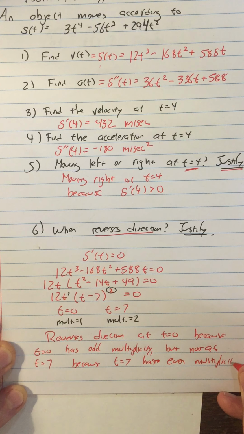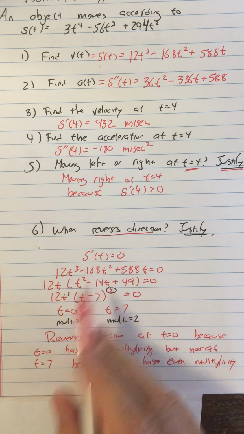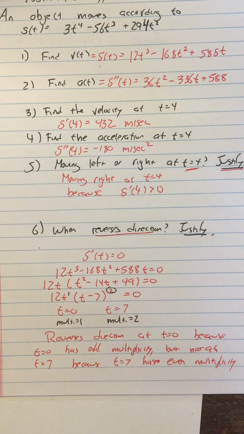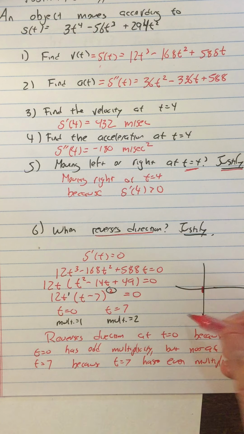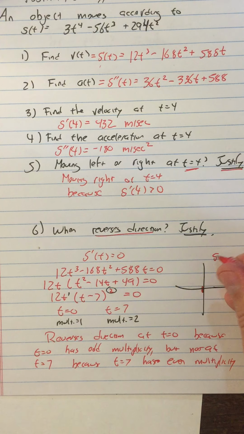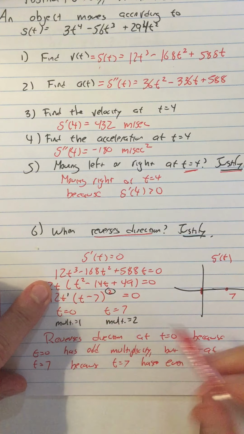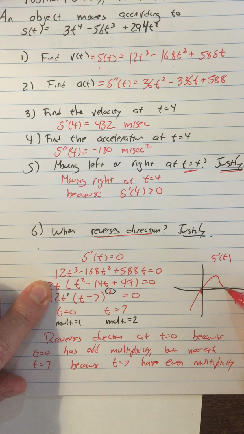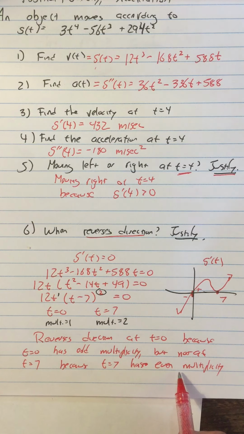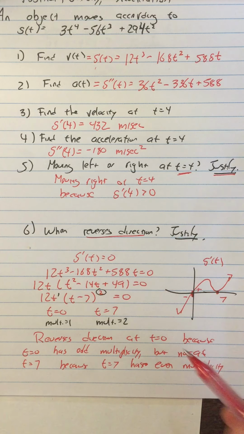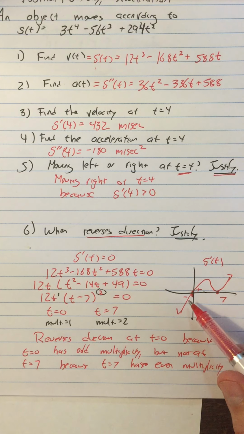So, remember what that means: the object reverses direction at solutions to this equation that have odd multiplicity, because graphically that odd multiplicity means the derivative S prime passes through that solution. So we have t equals 7, t equals 0. Your graph of S prime, this is a positive cubic, so it's going to go like this. So the only time S prime changes sign is negative to positive. You may justify this either in terms of multiplicities as we did here, or graphically, in which you would say reverses direction at t equals 0 but not t equals 7 because S prime of t only changes sign at t equals 0.